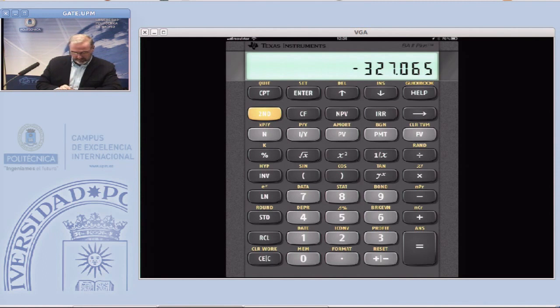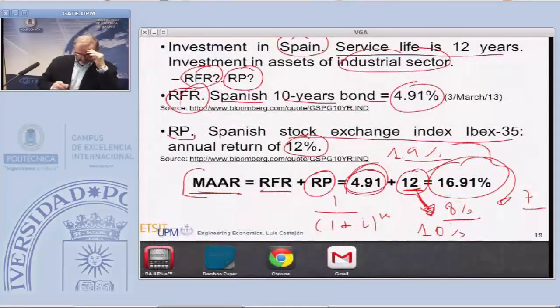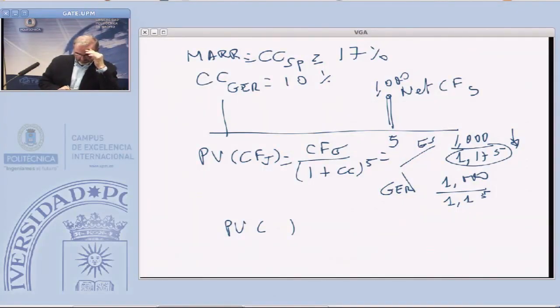So n equal to 5, future value 1,000, use a negative sign for future value, and then 0 payment, and then the interest rate for Spain is 17, and then compute present value. 456.